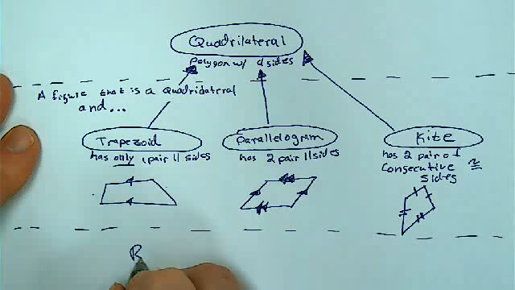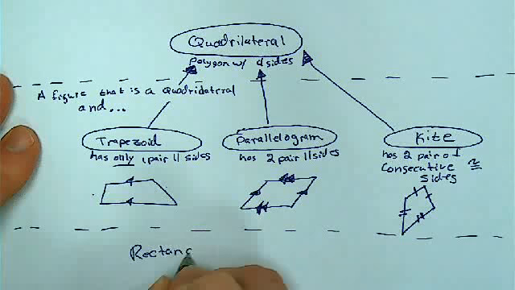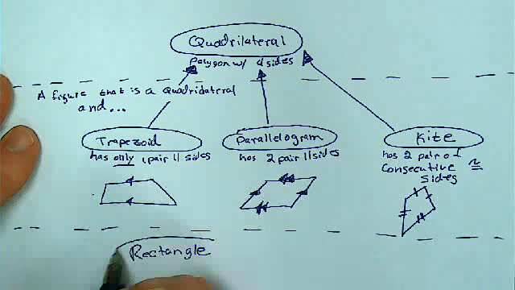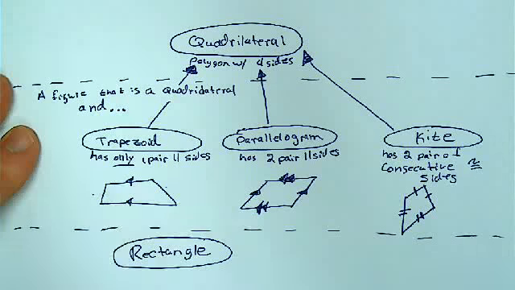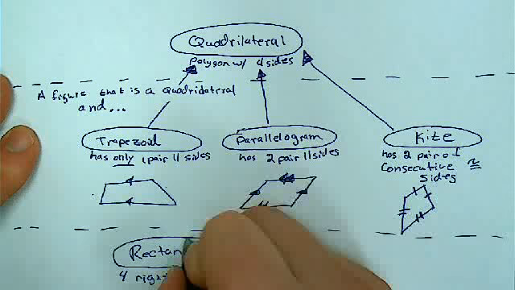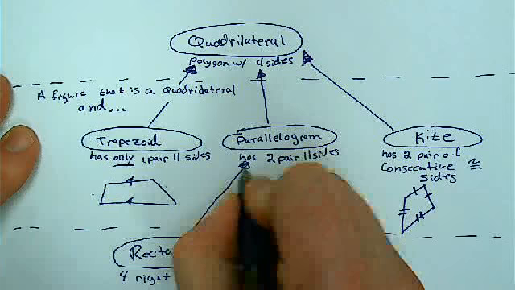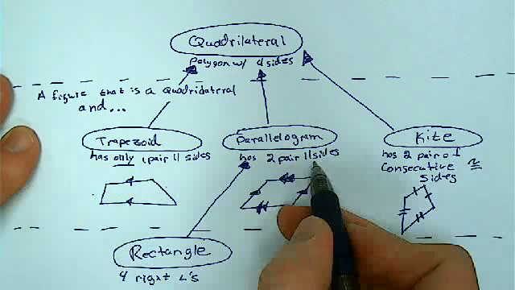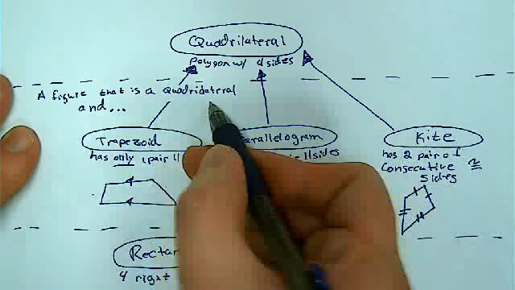Specifically, we have the rectangle, which has 4 right angles and 2 pair of parallel sides and is a quadrilateral.